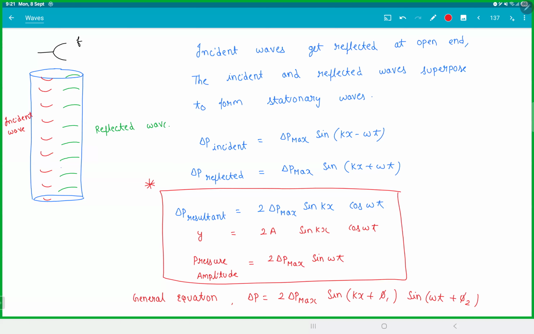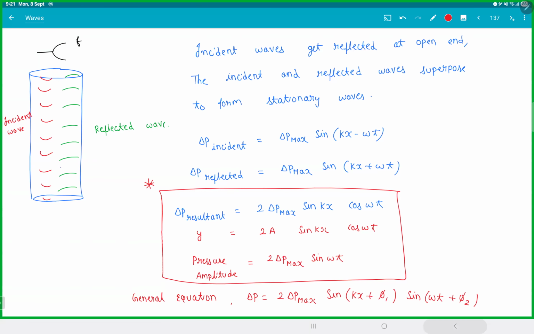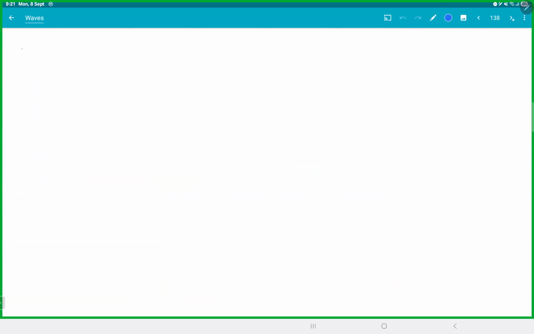So what is the first possibility here? First possibility, you get one loop.